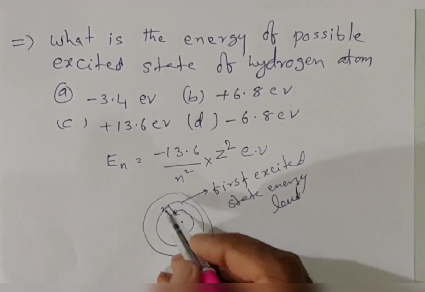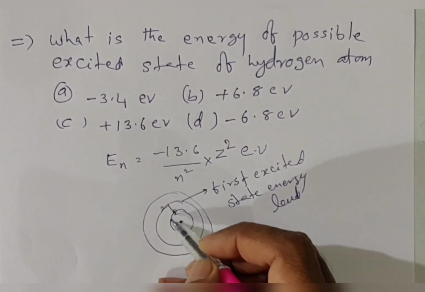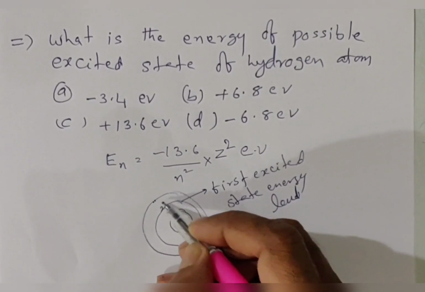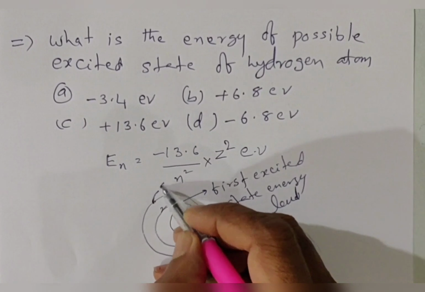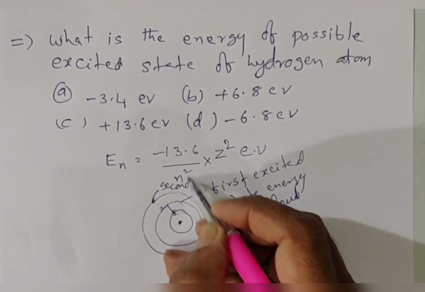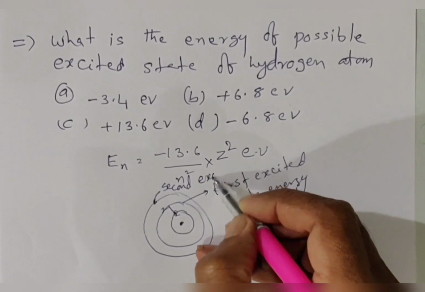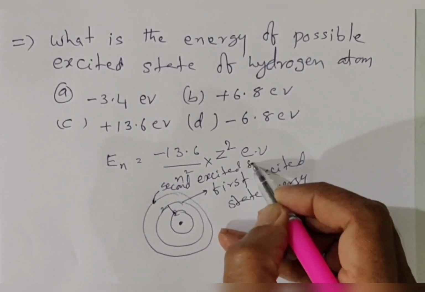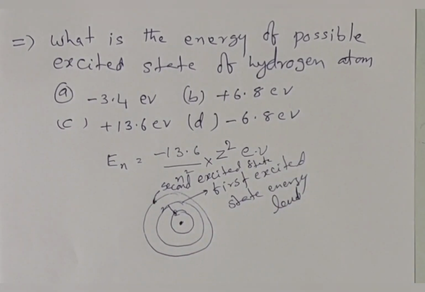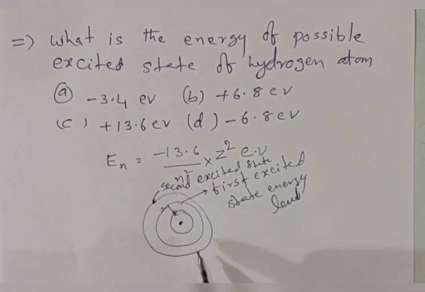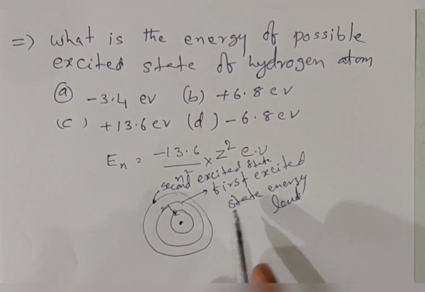Now when it absorbs more energy and jumps to the next orbit, it is known as second excited state energy level. In this problem, the first one is the possible excited state.